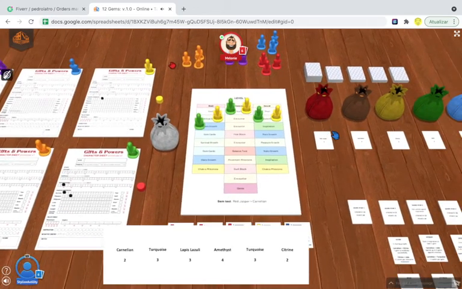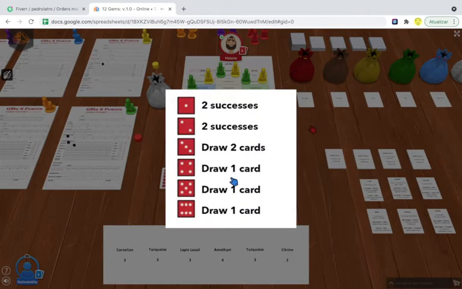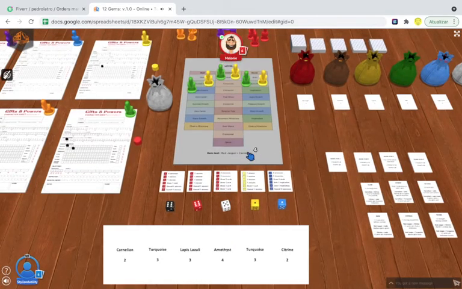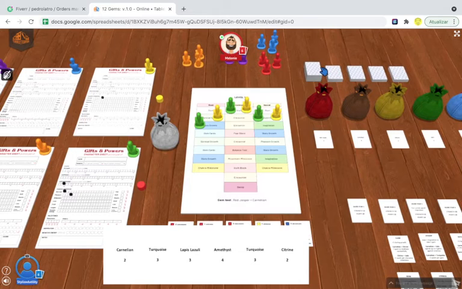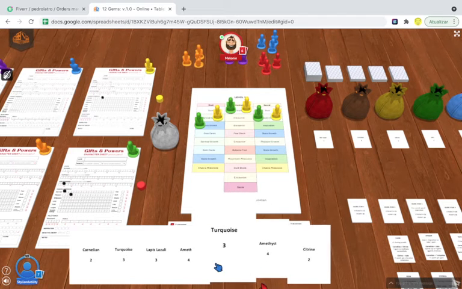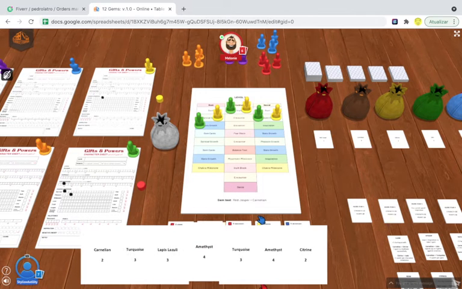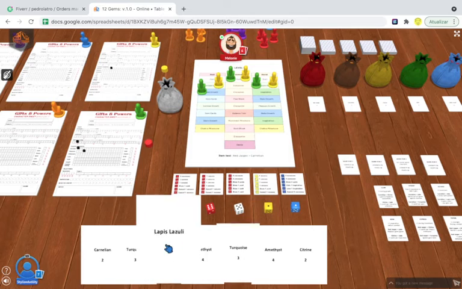Now on my turn, what I'm going to do is probably nothing. I'm just going to draw a card, but then I get to spend them, and let's see what I have here. I could swear that I had a pair.